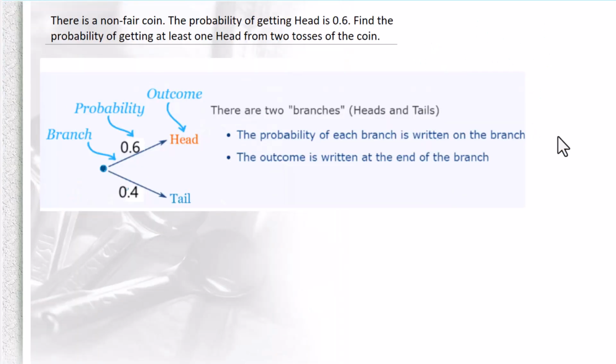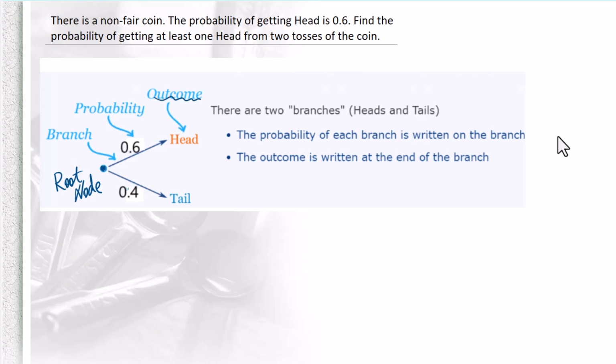For the same problem, I will show you how to use a tree diagram to solve it. First of all, the tree diagram starts with a root node. Draw the branches based on the outcomes.